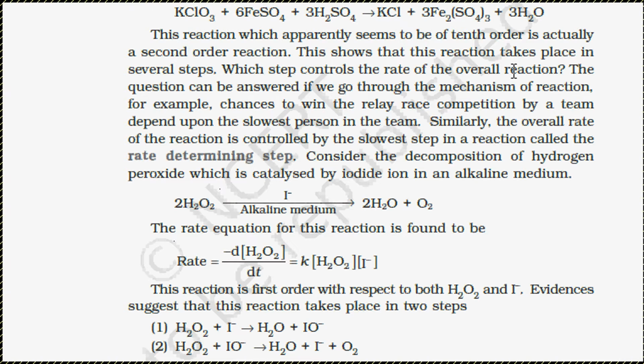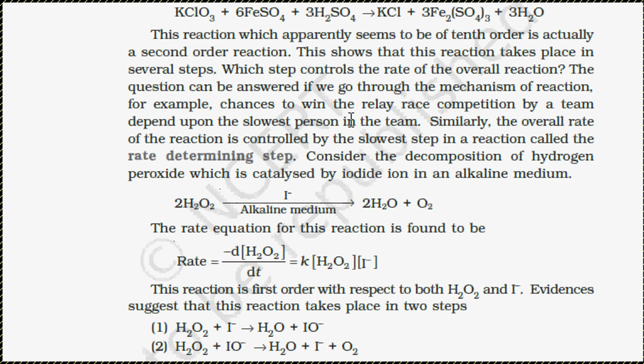Now, which step controls the rate of the overall reaction? This they have explained with an example. For example, if you are in a relay race, then the chance of a team winning the relay race competition depends upon the slowest person in the team.